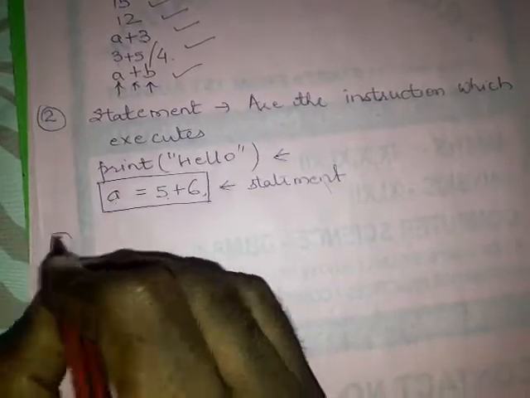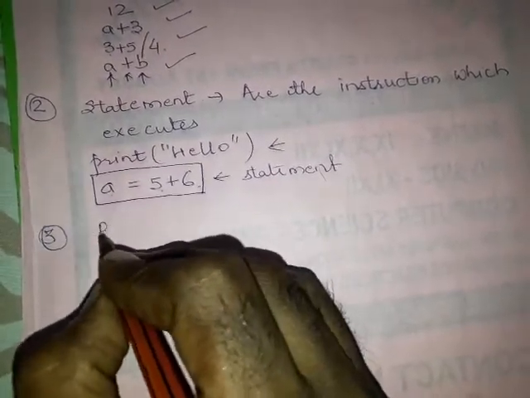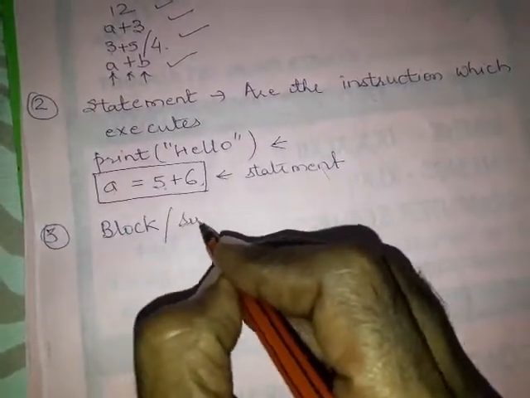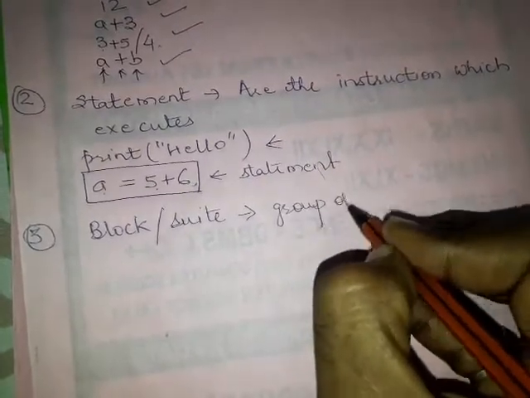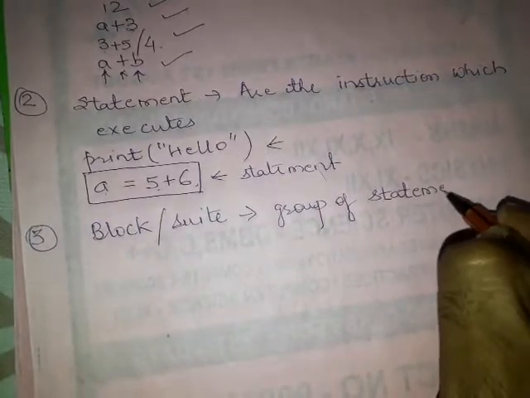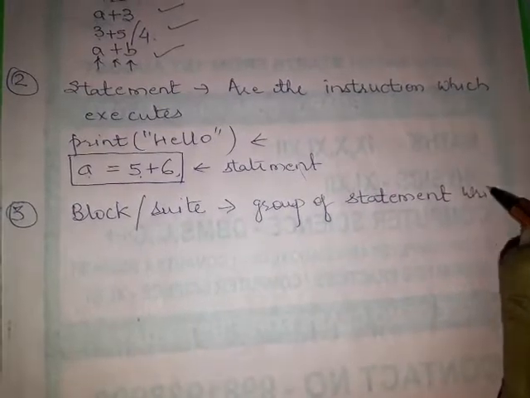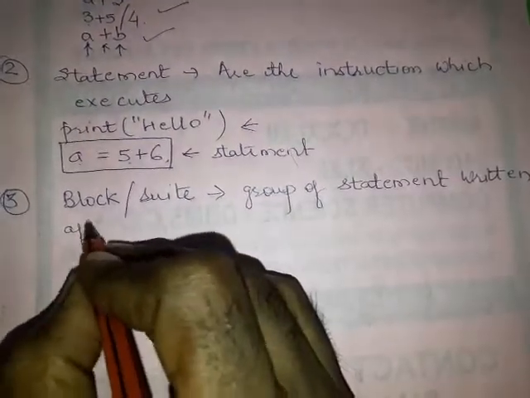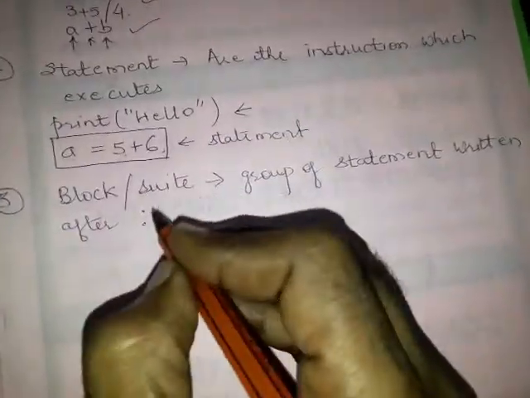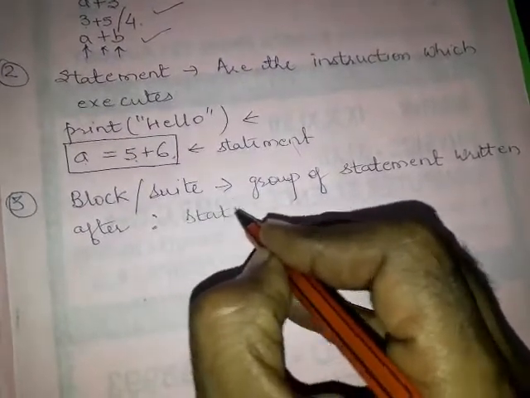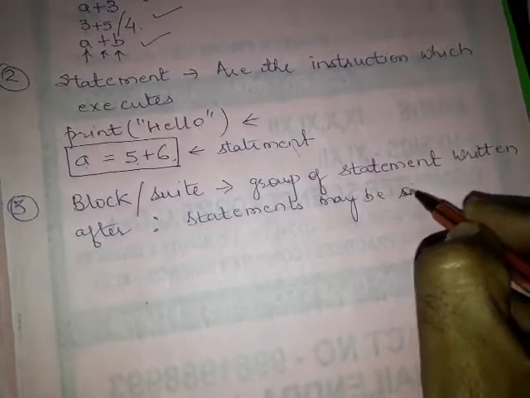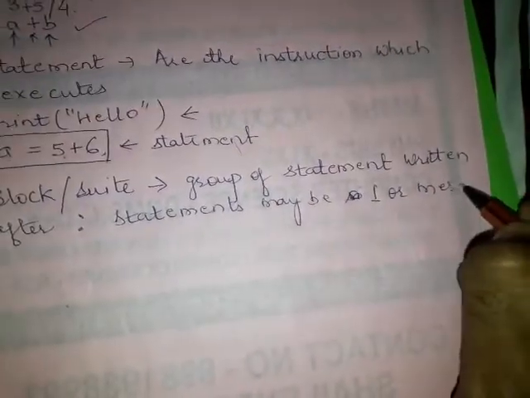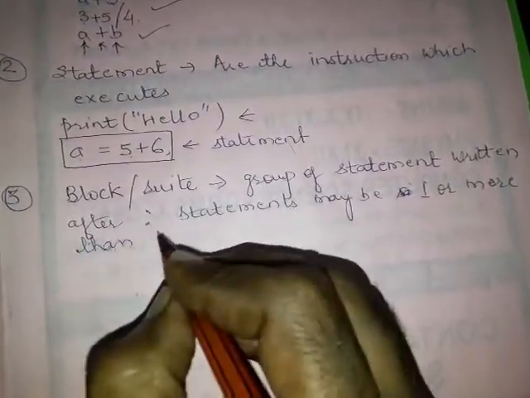Now third one is block or suite. It is a group of statements which is written after the colon, and this group of statements may be more than one, or a single statement, so we can say one or more than one.